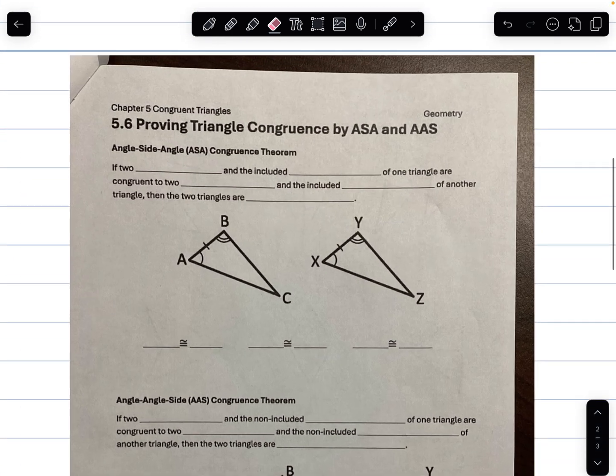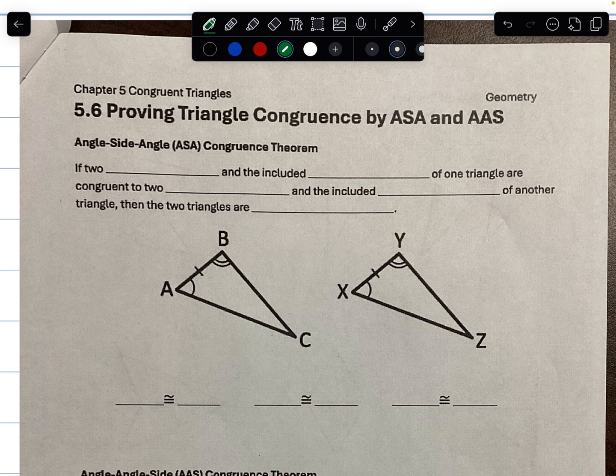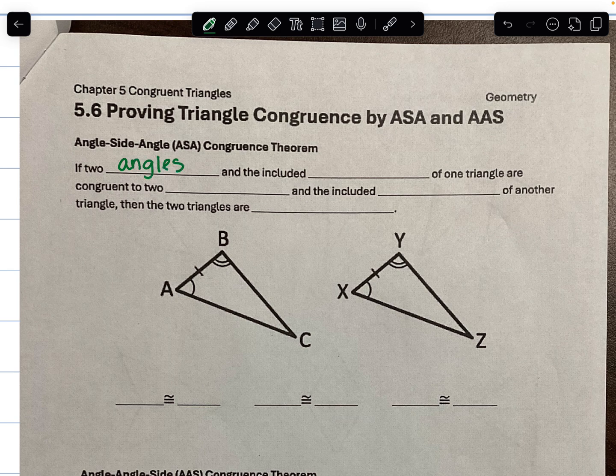Okay? So first one is angle side angle. It says that if two angles and the included side, we've talked about an included side before. What does that mean? The included side would be between what? The two angles. Okay? If it's not between the two angles, it's not included, right?